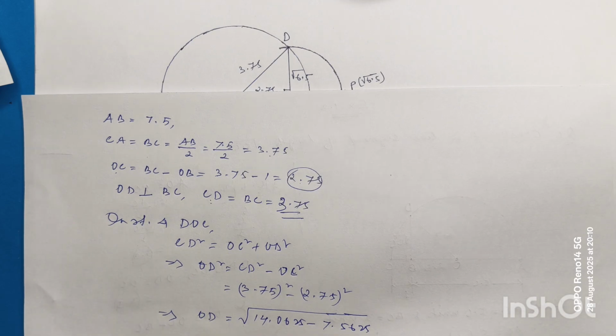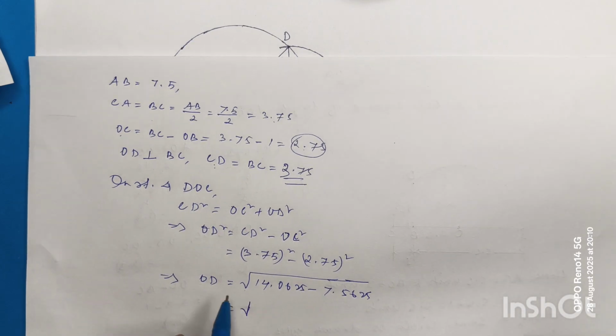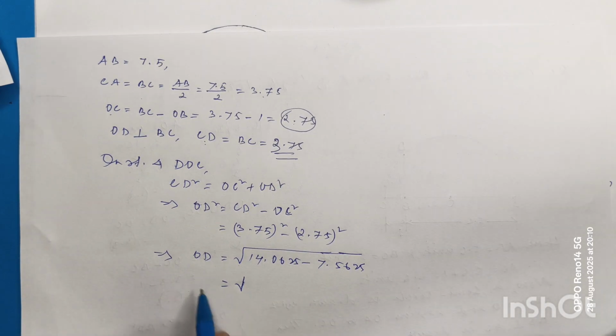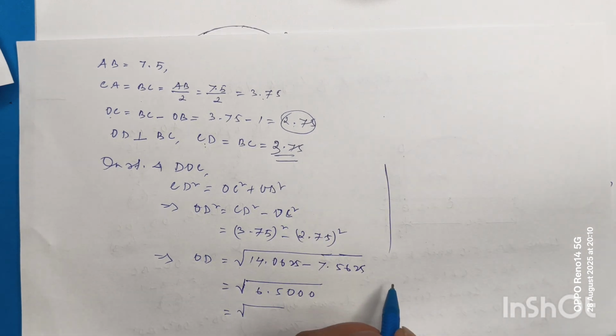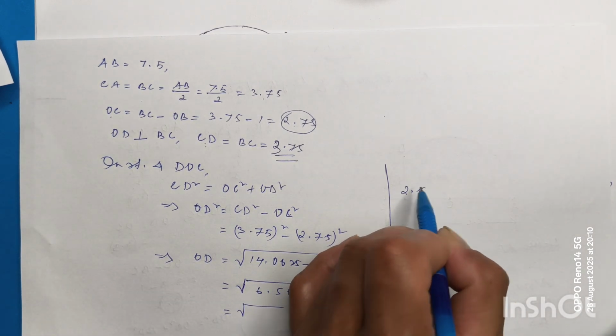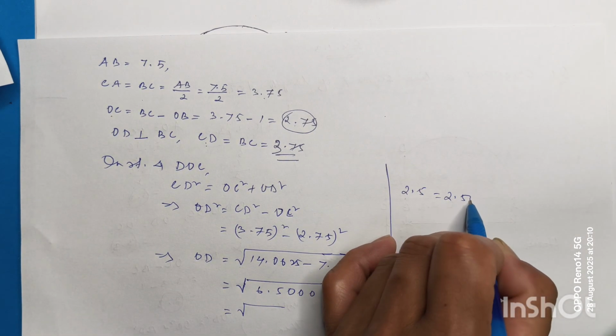In here, when you subtract 14.0625 and 7.5625, you will get 6.5000. Now we know that 2.5 is equal to 2.50.